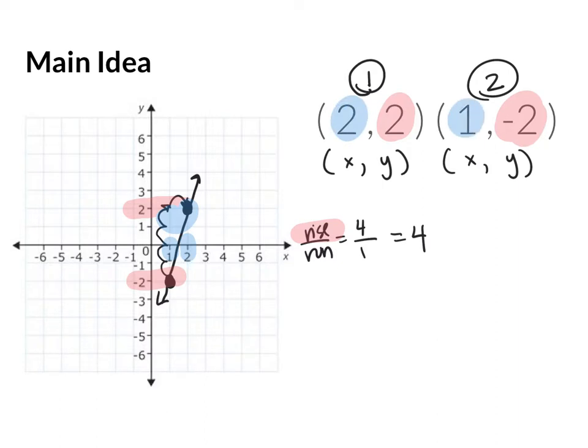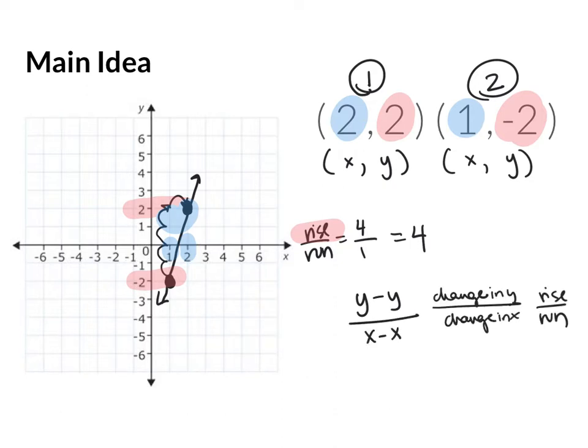So what we're doing when we are calculating rise over run is we are finding the difference in the y's and putting that over the difference of the x's. Calculating our change in y, or our rise, and our change in x, which is our run.